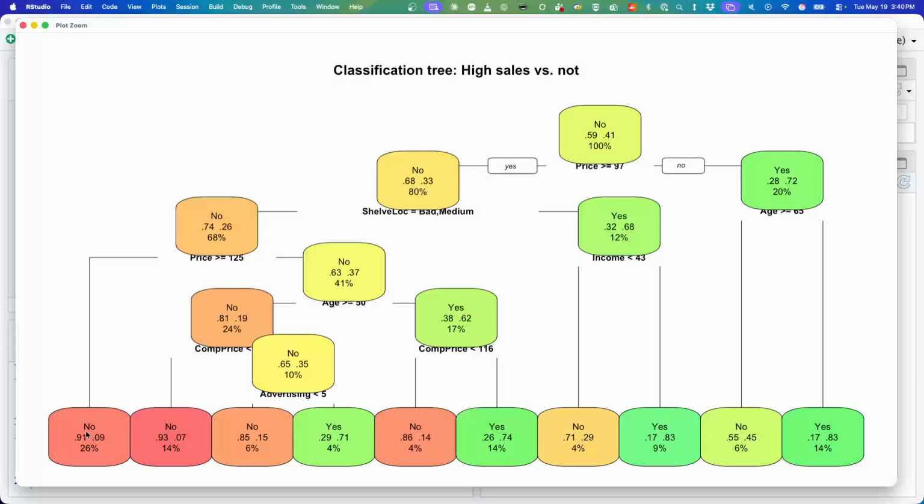You are essentially saying that 90% of the time, if I had a car seat that was more than $97, in a bad or medium location on the shelf, and also greater than 125, I will say that it's not being bought, with 91% of the time being what my prediction would be telling you. Okay? Any questions?